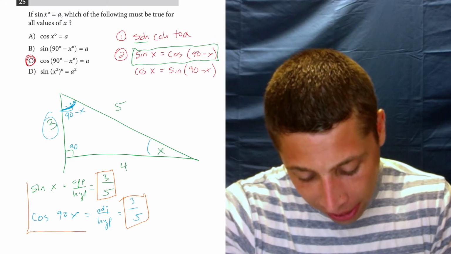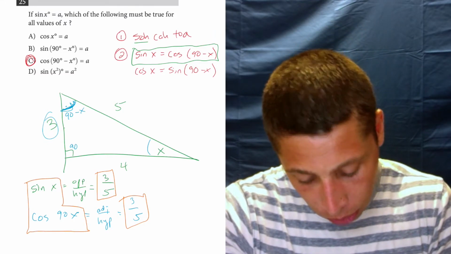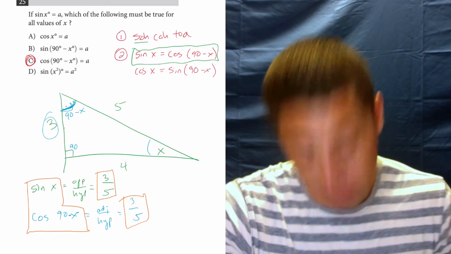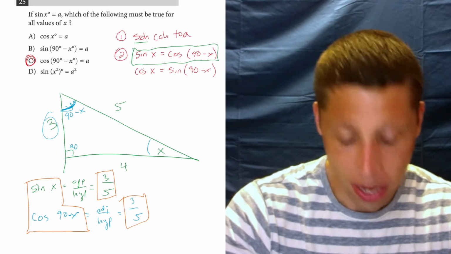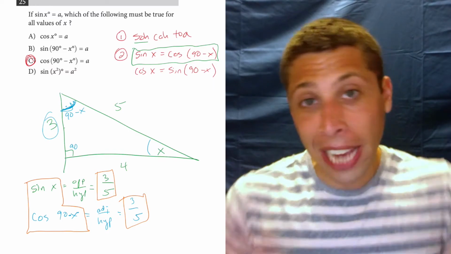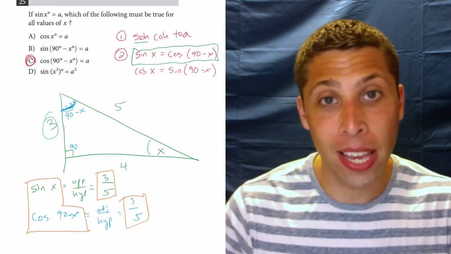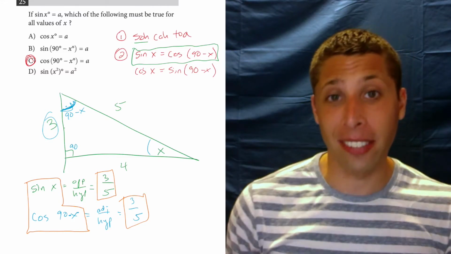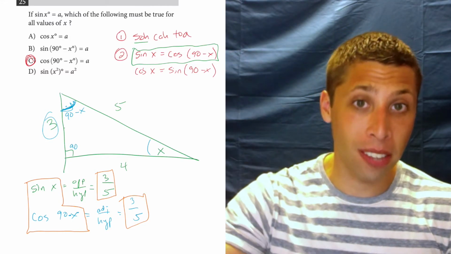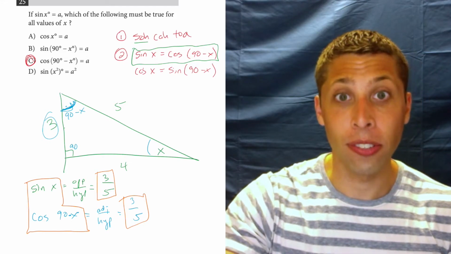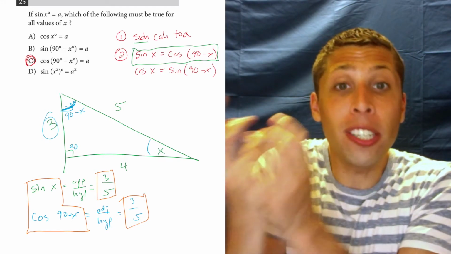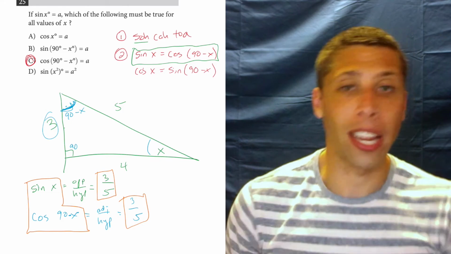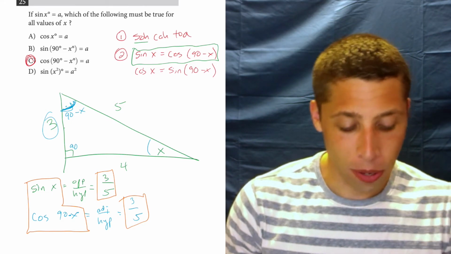So sine of x is equal to cosine of 90 minus x. My minus got a little lost there, but there's the rule. There's the proof. What's really happening with this rule is you're switching the angles in the triangle, right? So this is basically saying that the opposite side for one of the angles is also the adjacent side for the other angle, right? So that's it.